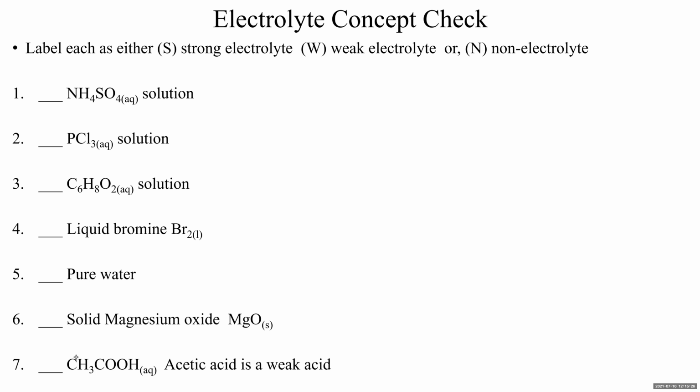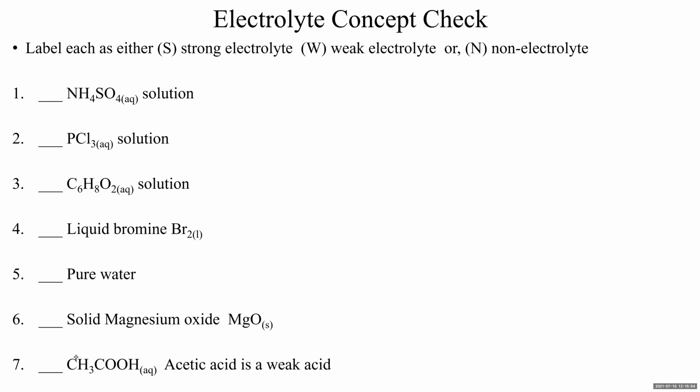But then to distinguish between weak or strong, you're going to have to know some information about weak acids versus strong acids, and weak bases versus strong bases. For that reason, I told you what you needed to know in this list. But after this module, when we go into acids and bases, you will be able to answer these questions a little bit better.